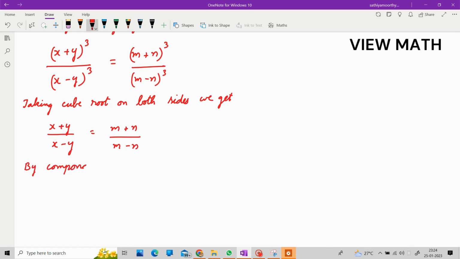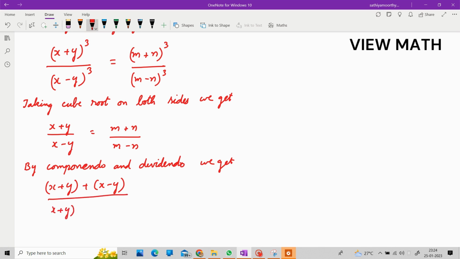By componendo and dividendo property, we get x plus y plus x minus y divided by x plus y minus x minus y. This is equal to m plus n plus m minus n divided by m plus n minus m minus n.